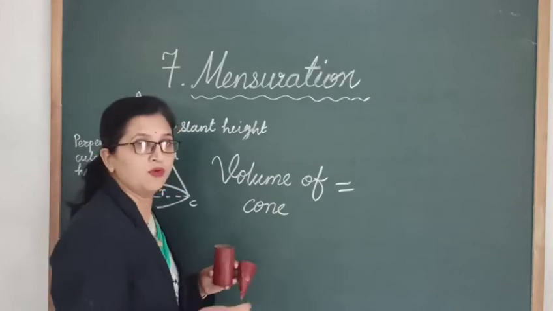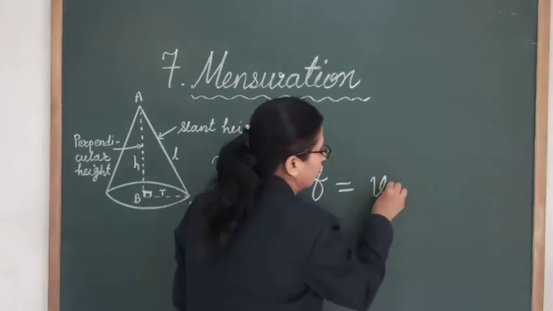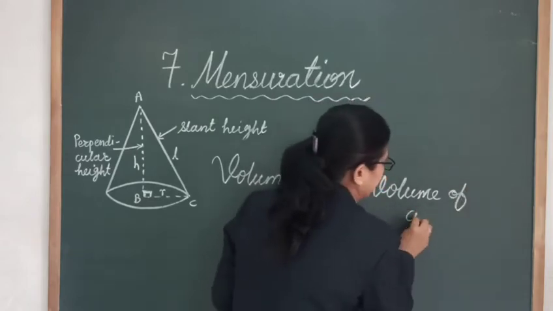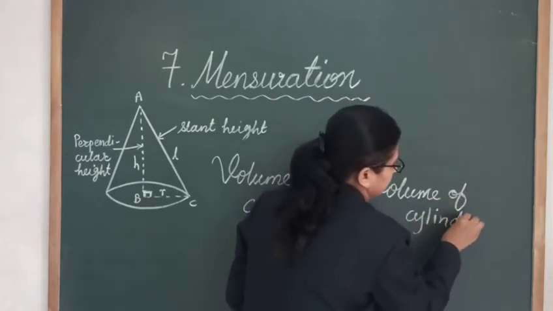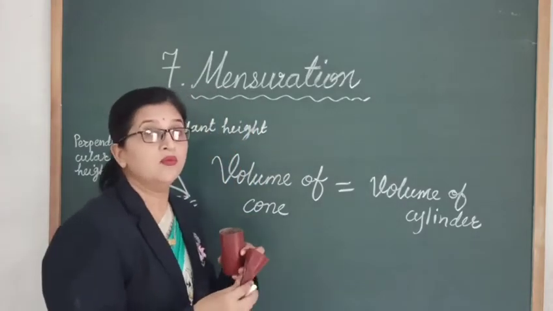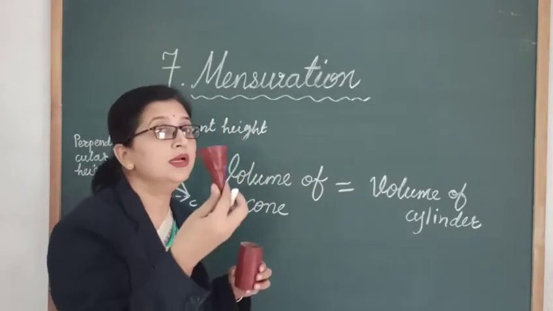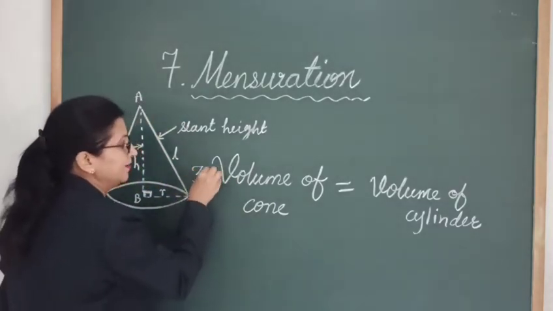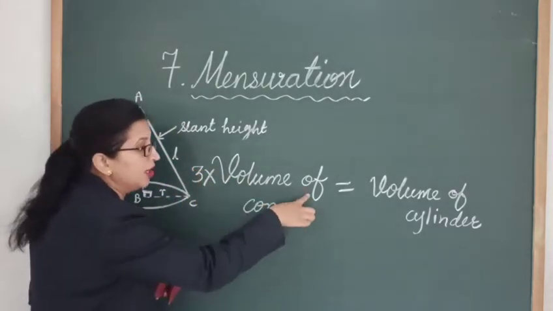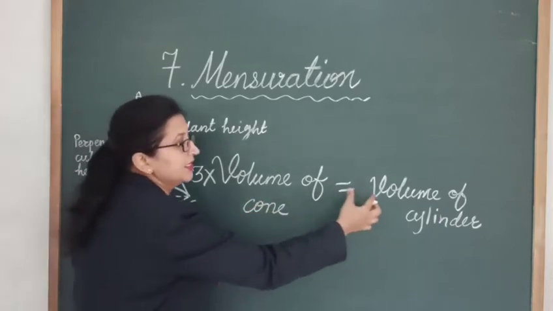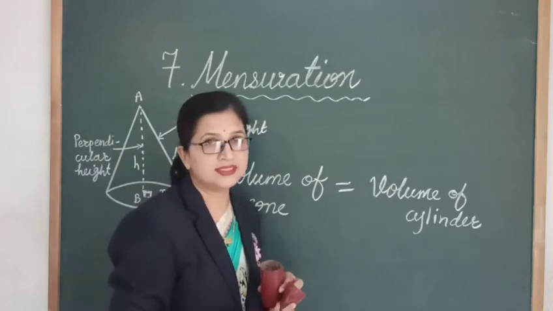So volume of cone is equal to volume of cylinder, but they are equal only when we use this cone 3 times. So we'll say 3 times volume of cone is equal to volume of cylinder.